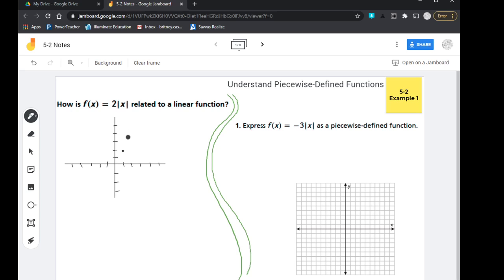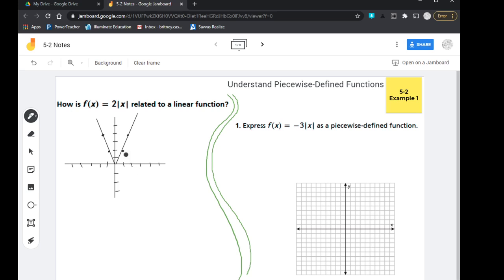Okay, so it's gonna create a shape that looks kind of like this, and we're gonna hope it's fairly straight. Now, with absolute value functions, recall that the left side and the right side, they tend to match each other. They're symmetrical.